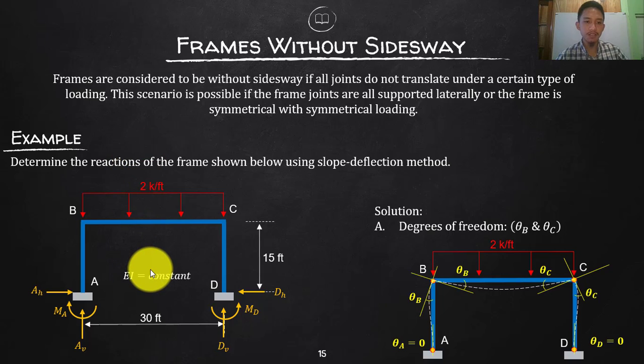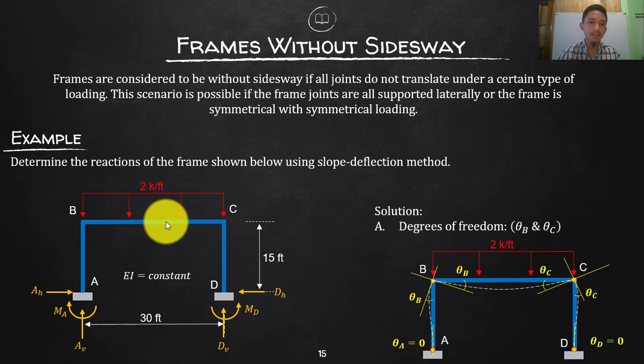That will just be bending your members, but it will not actually translate the joints. So that is frame without sidesway if all the joints under that certain type of loading will have no translation. And the scenario of this is that if frame joints are all supported laterally.